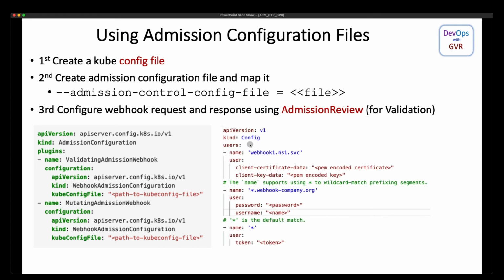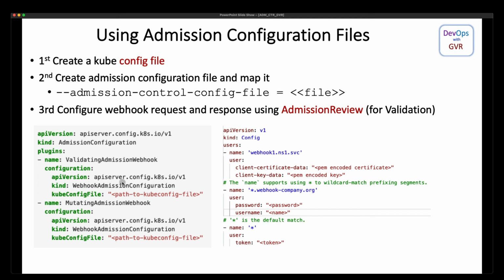How it will look is, it is a kind of config where you specify where your webhooks exist. My mutating admission controller exists in this particular namespace, so I have to specify the fully qualified name.